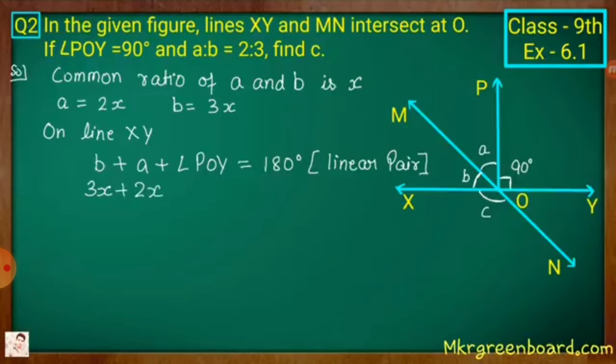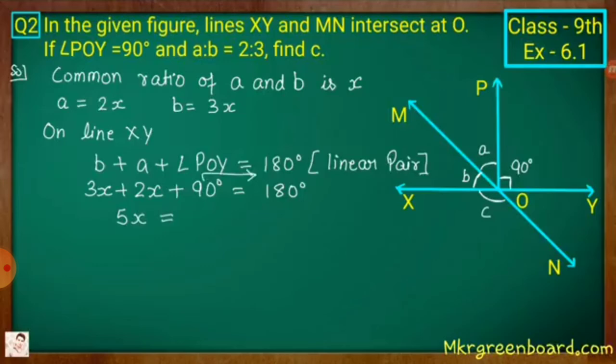So 3x plus 2x plus 90 equals 180, since angle POY is given as 90 degrees. 3 plus 2, 5x plus 90 equals 180. Plus 90 going to the other side means minus 90.